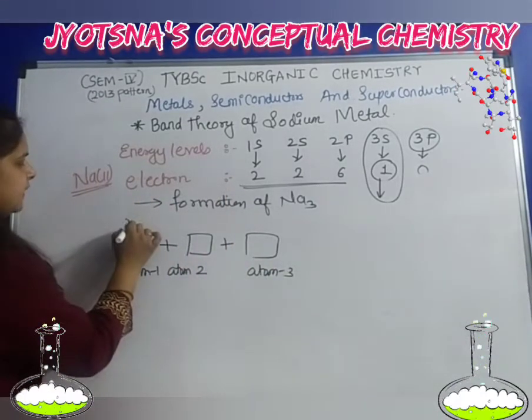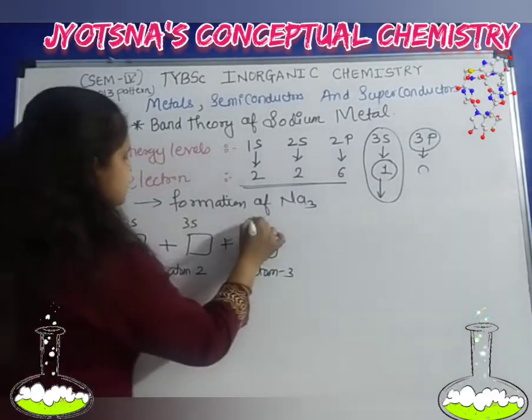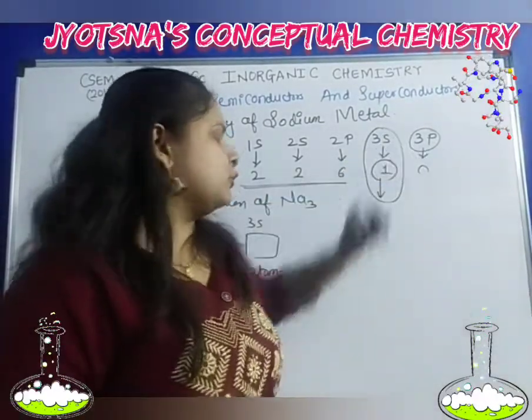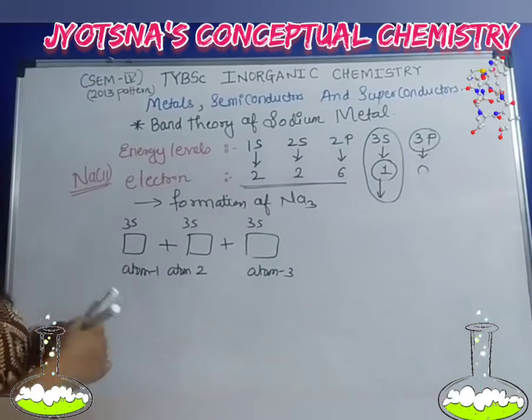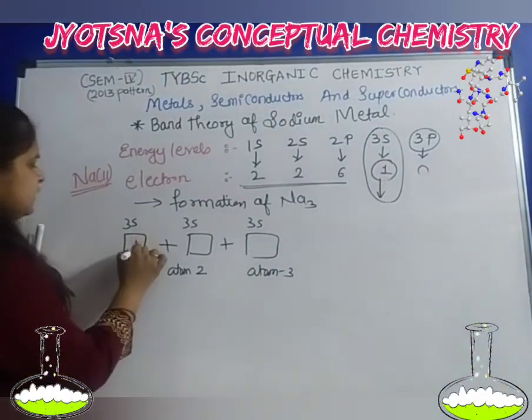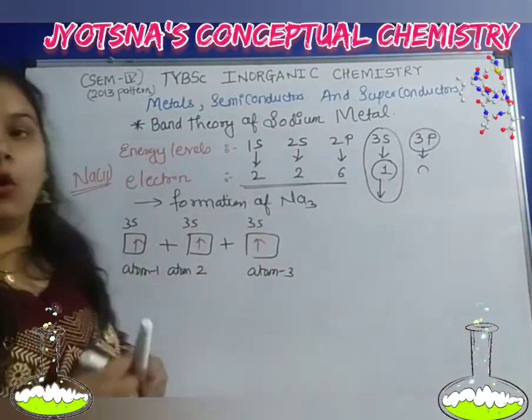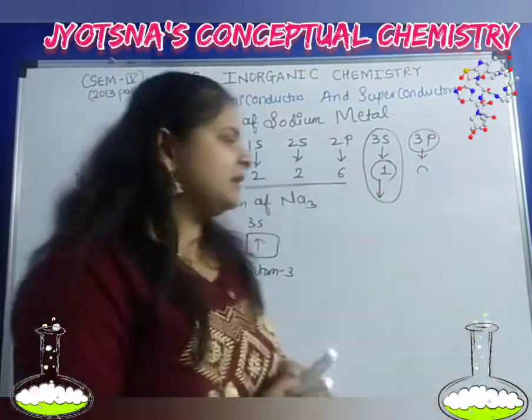Here also 3s, 3s, 3s. We are taking only the 3s orbital. So how many electrons does it contain? Each has one electron in it. So all these 3 atoms will combine.